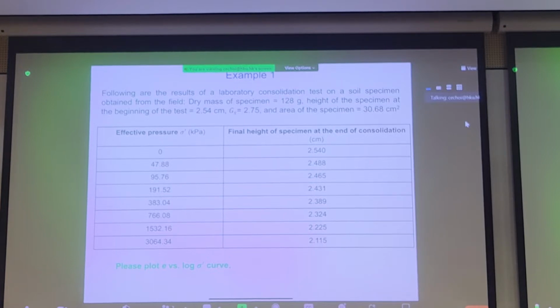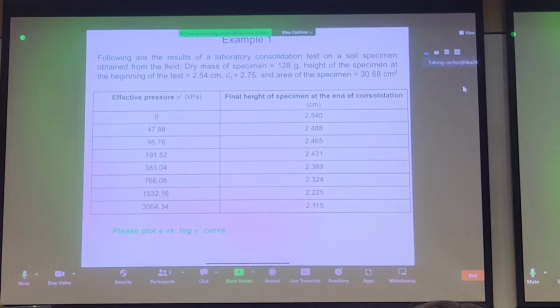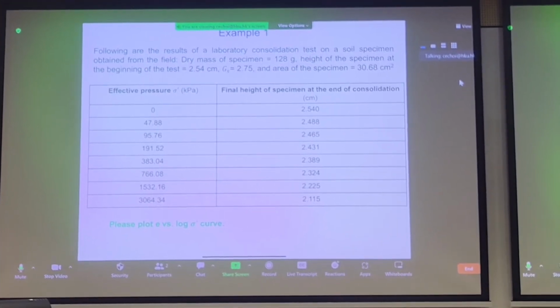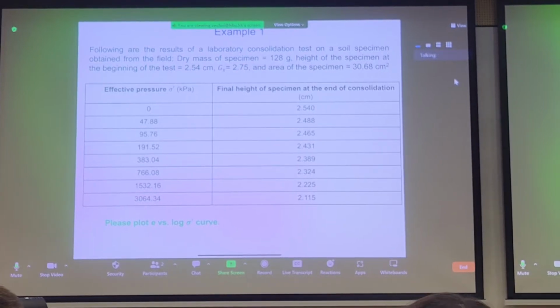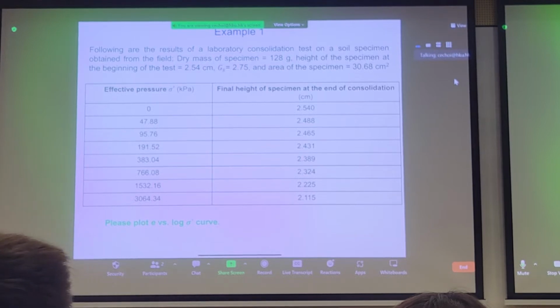You know the specific gravity and area of the specimen. If you look at the table below, there were about 8 loading increments, or 8 points. Initially you have applied no load to the specimen and you have an initial height of 2.54 specified in the question. Each time you approximately double the loading on the loading yoke.